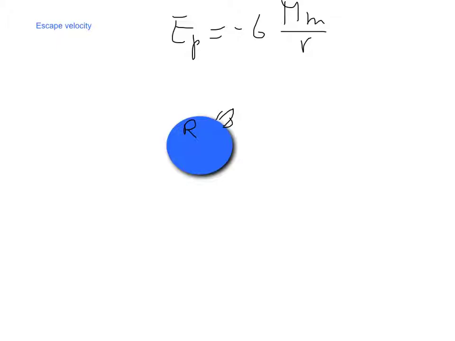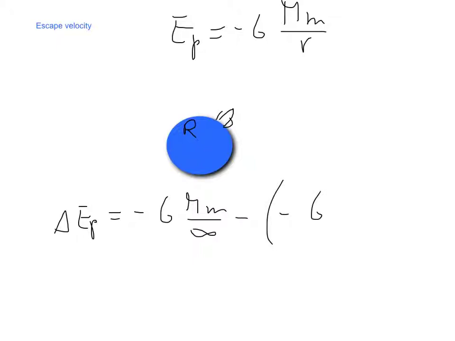Okay, so let's calculate that. So we have that the difference in potential energies will be equal to the potential energy at infinity, so this divided by infinity, I know it's a little ugly mathematically, but it works, minus GMm, and this time divided by R, which is the radius of the planet.